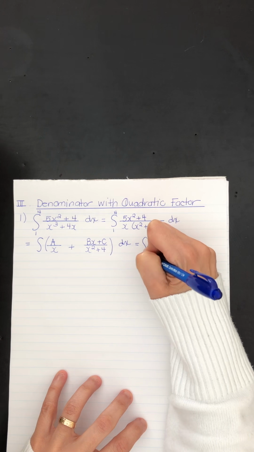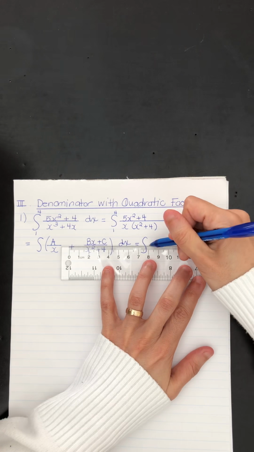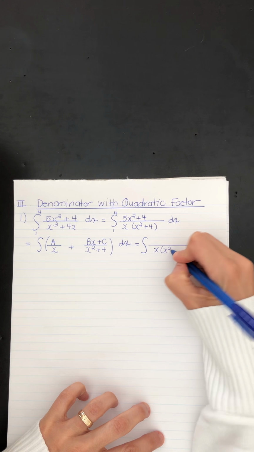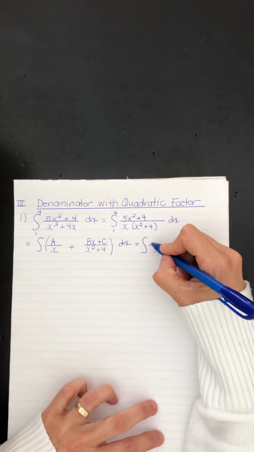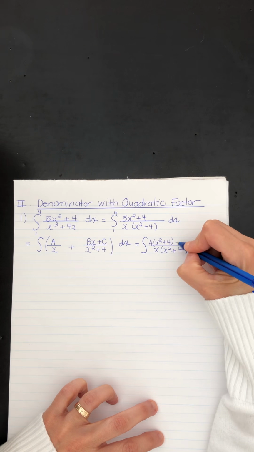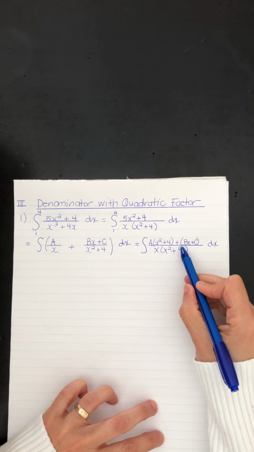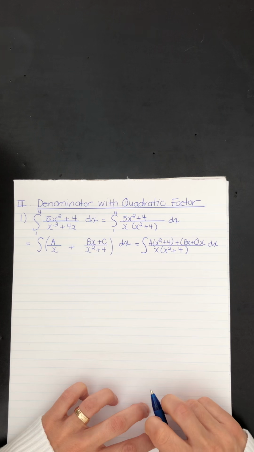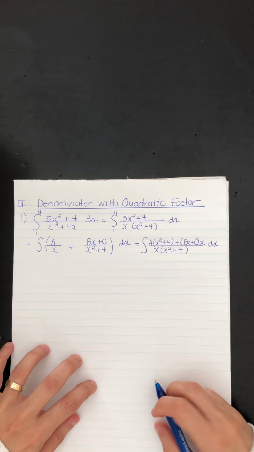Now, if we were going to add these fractions together, of course we would need to move to this common denominator here. This means that a would be multiplied by x squared plus 4, and the binomial bx plus c would need to be multiplied by x. So from this, we get our main equation.